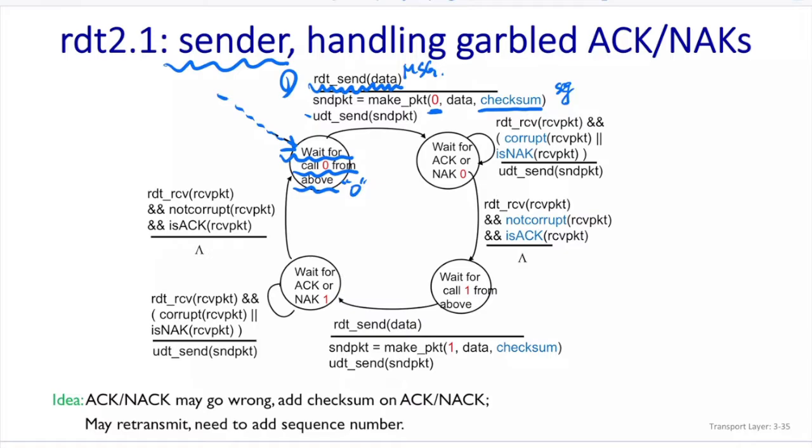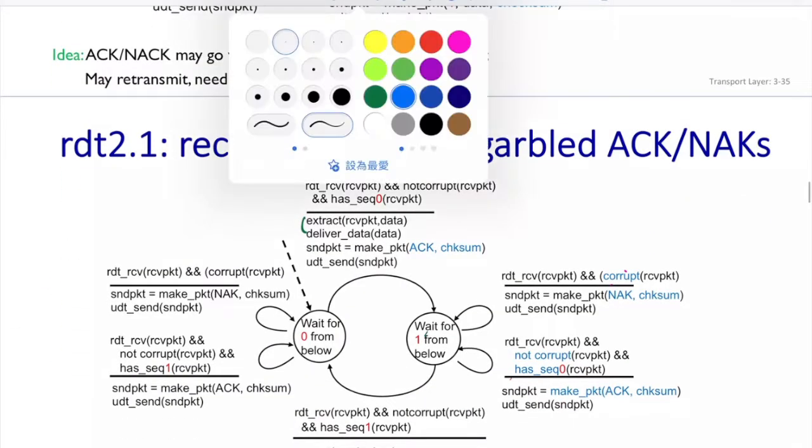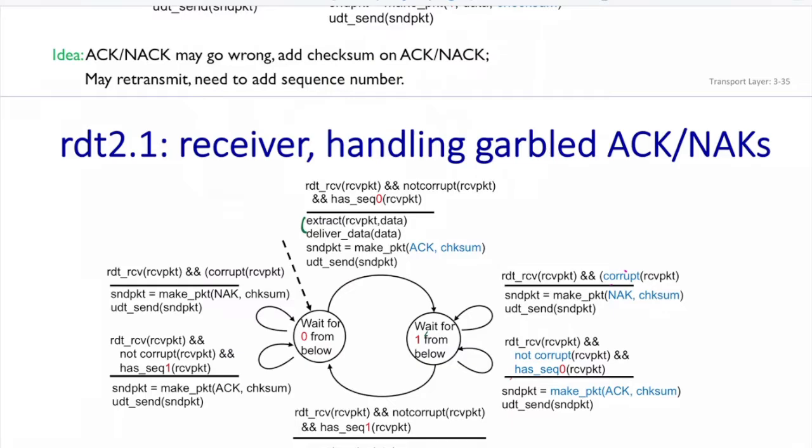And again, that is the initial state, so we wait for call from below, but right now we are waiting for packet number 0. If the packet arrives, that is step number 2.